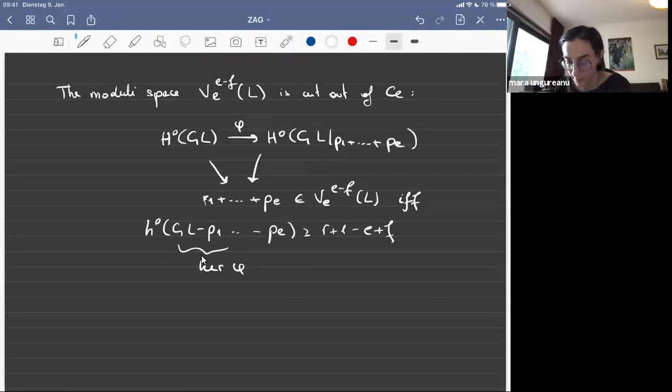Because phi restricts sections from here to here. And of course, if my sections vanish, then they will go directly to 0 here. So that's perfect. Very good. And so from linear algebra, of course, this is just going to be this one minus this one.